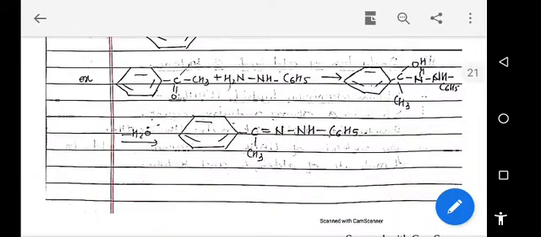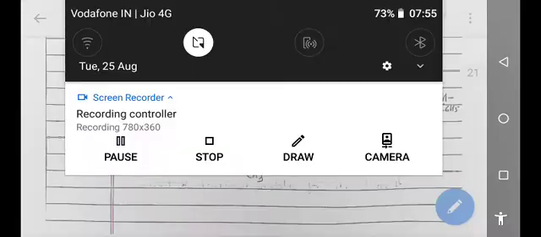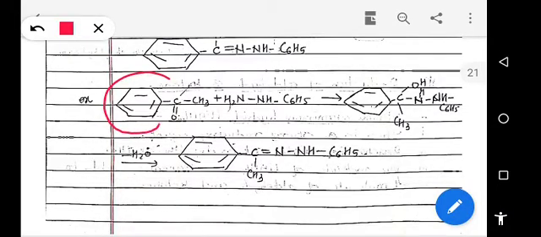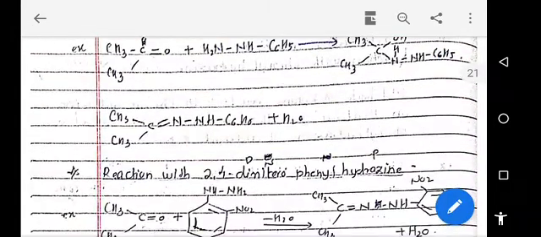This part is common. Attached with the nitrogen, we get this carbon attached with the nitrogen, and we get the product. So in this way we can understand these reactions.